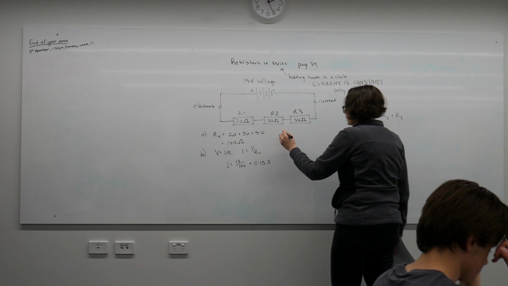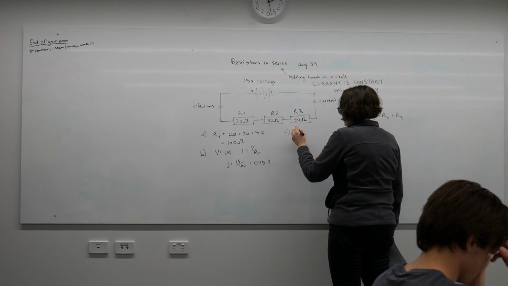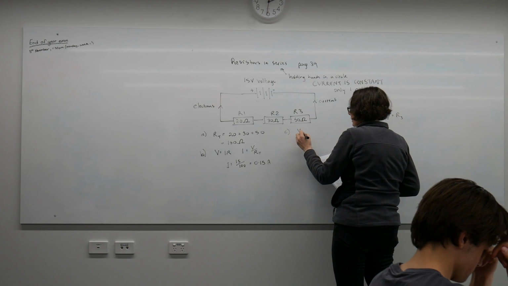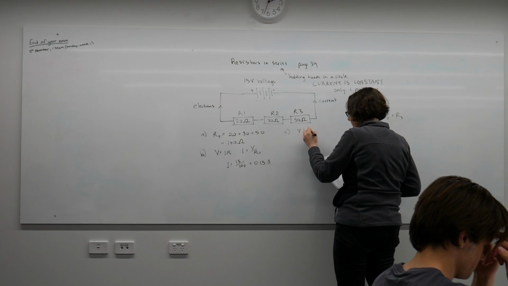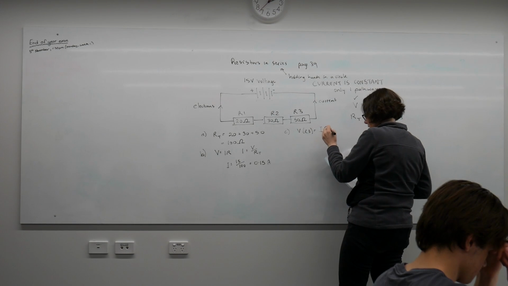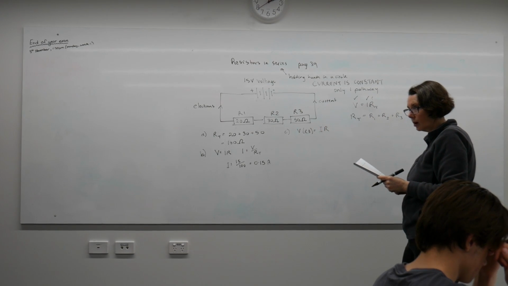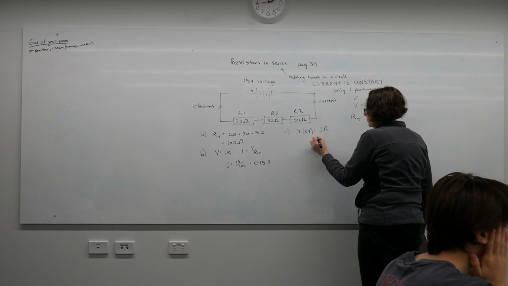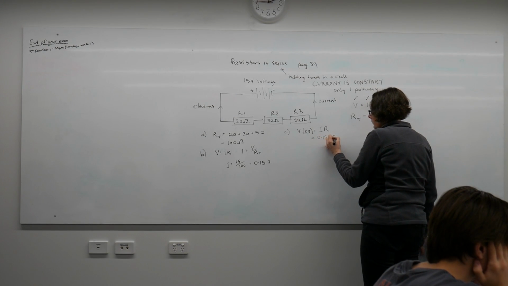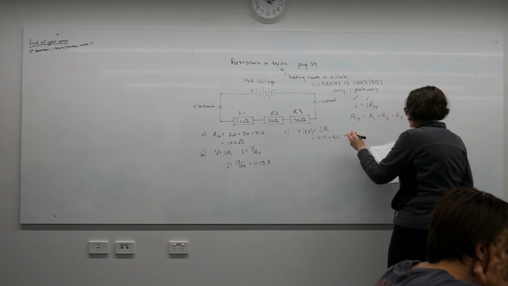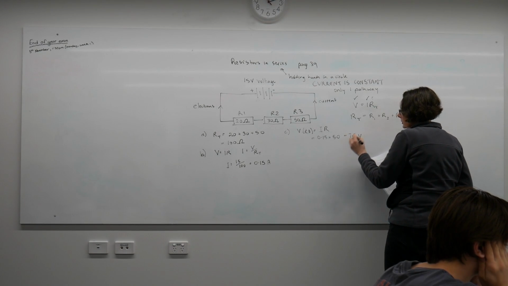Okay, so see here, the voltage then across R3 will equal the current times the resistance of the third resistor. So it will equal 0.15 times 50, which is 7.5 volts.